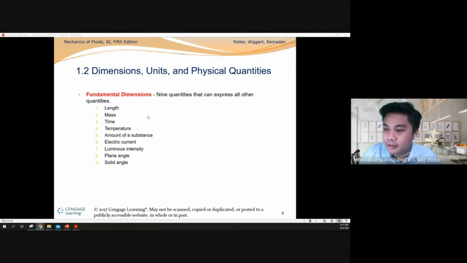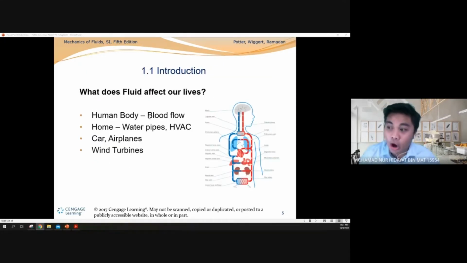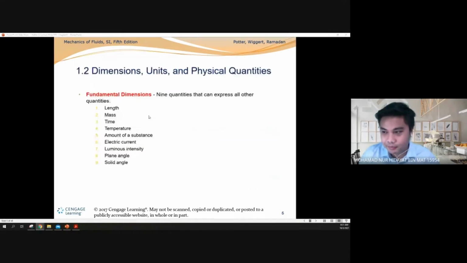Next, after you know the importance of fluid mechanics, here are the basic fundamentals of dimension. Next, we are going to learn about dimension, unit, and physical quantity.